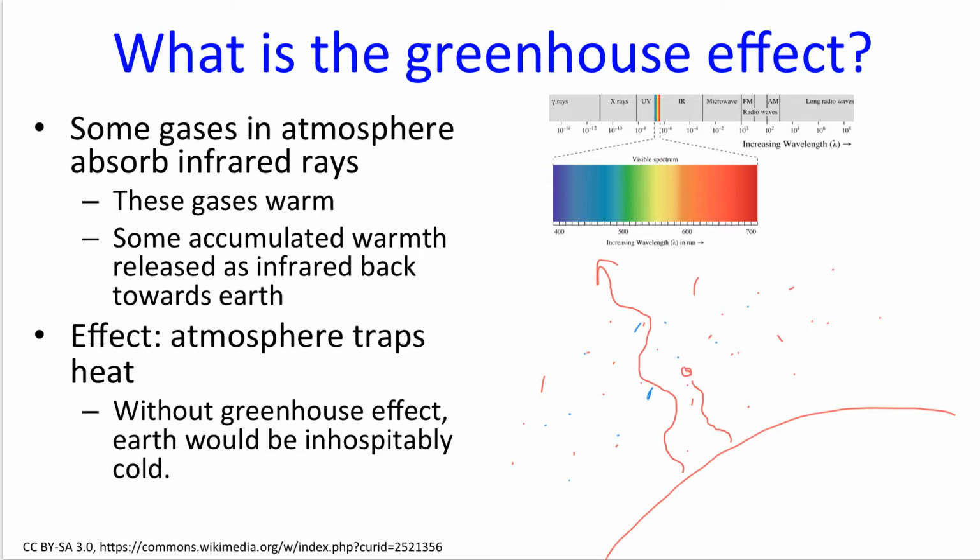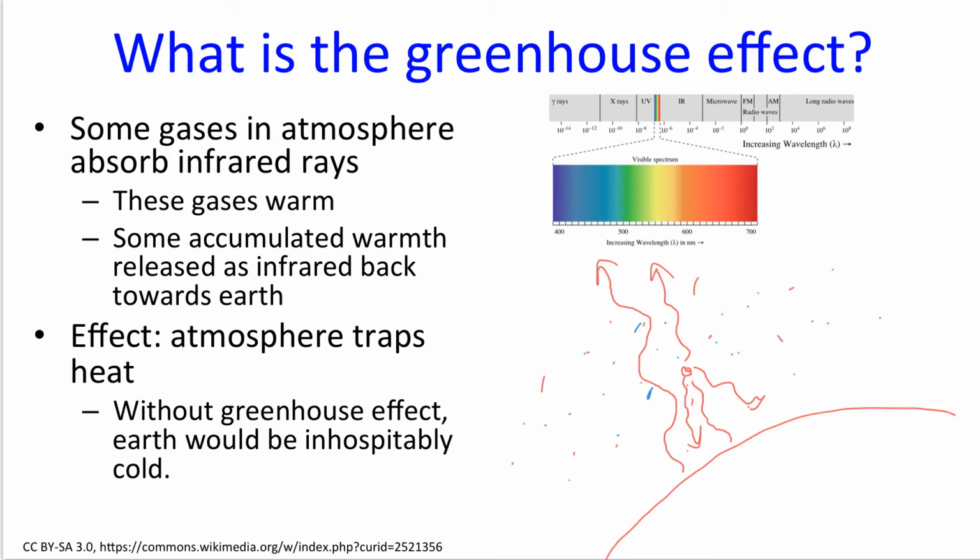They will eventually release that energy too as waves. Some of those waves might continue out of the atmosphere, but others of those waves are going to get bounced back towards the Earth. And so some of the energy is not escaping into space, but rather it's being retained because of the atmosphere, and it is then contributing to a warmer environment on the surface of the Earth.